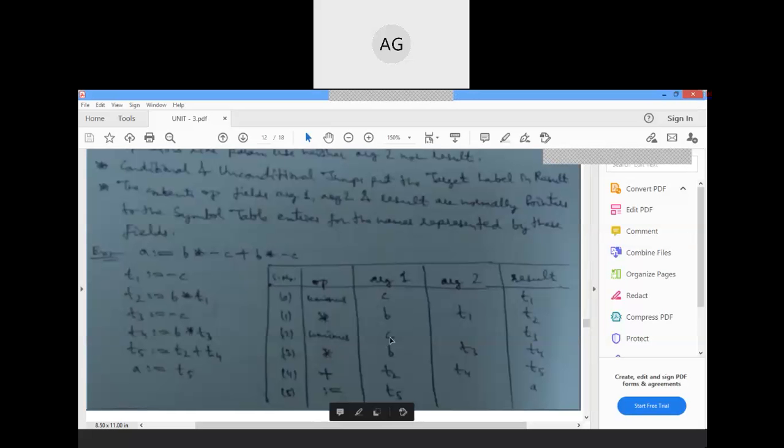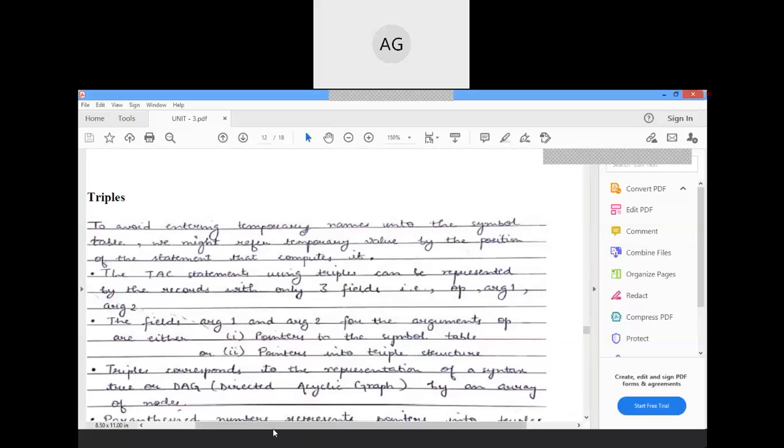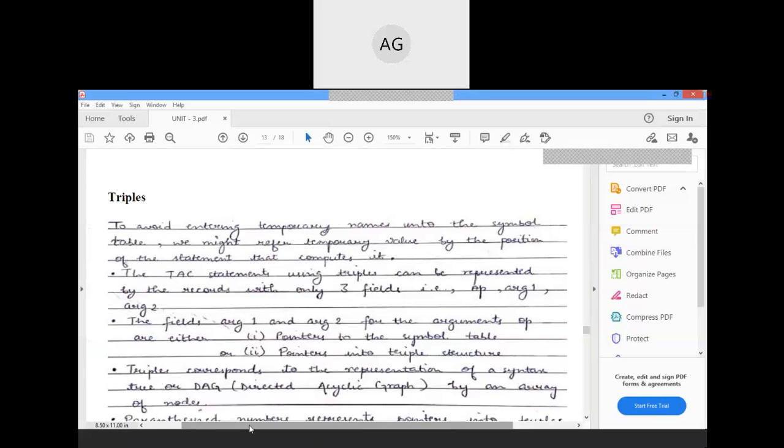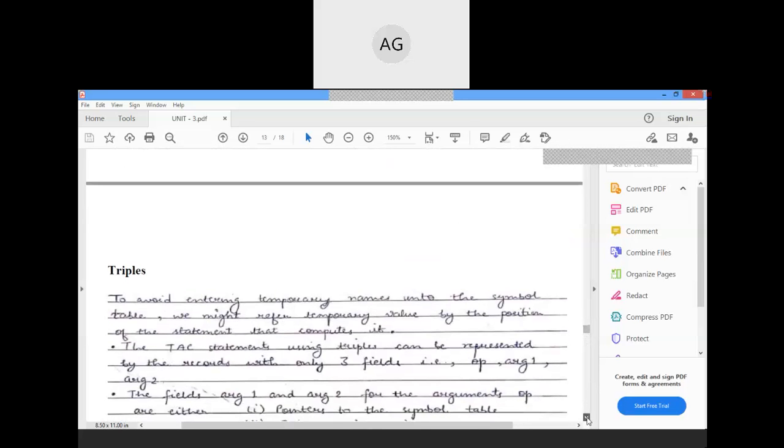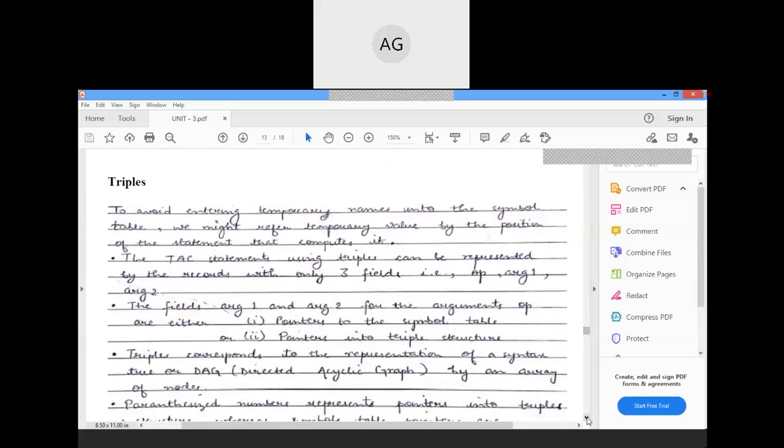The next storage method is triples. As its name suggests, the triple consists of 3 records and not the 4 that the quadruple contains.